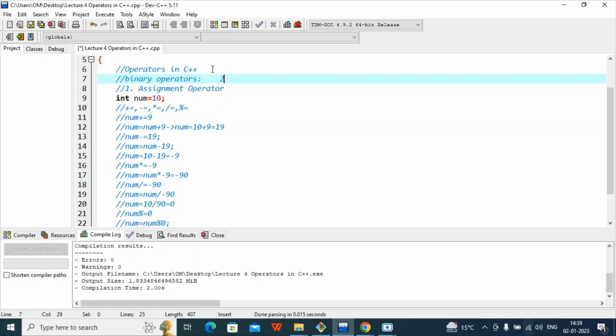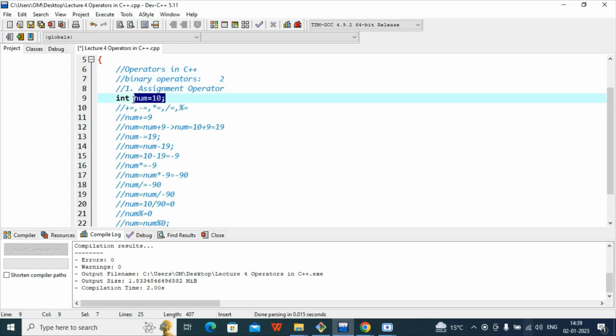Think in your mind why they are called binary operators. Binary means two. Why is the value two related to these operators? Let me tell you the reason. It is because an assignment operator includes two variables for the calculation to happen. As you can see, for every calculation, for plus equals to, minus equals to, multiply equals to, divide equals to, and modulo equals to, we use two values.